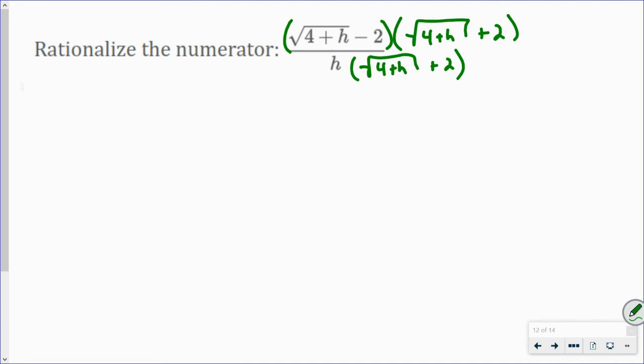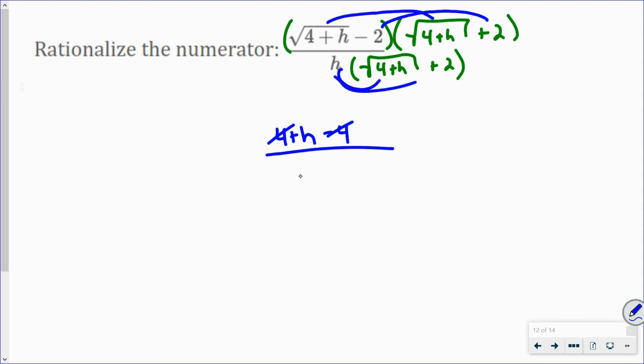So in the top, you just need to do the first and the last. Okay, so radical 4 plus h times radical 4 plus h is 4 plus h. Negative 2 times negative 2, that's minus 4. So your 4s are going to cancel there. And here we're going to just distribute that h. Well, actually, let's hold on just a second.